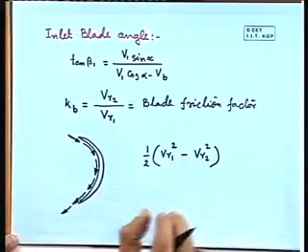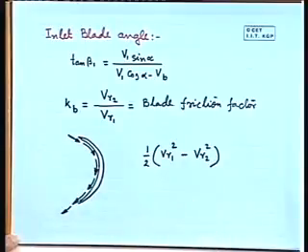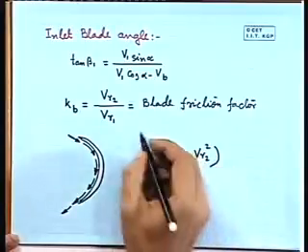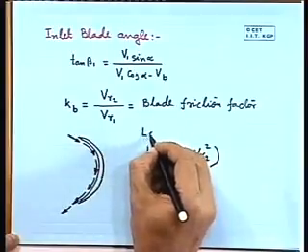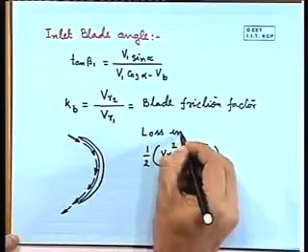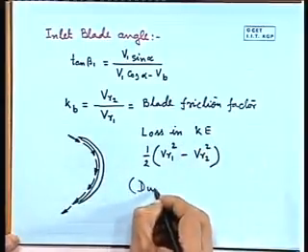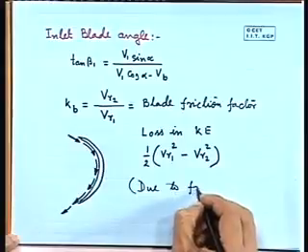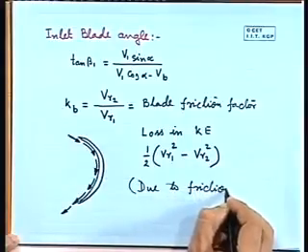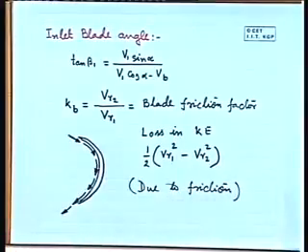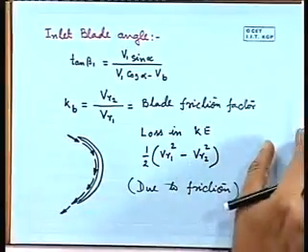This is per unit mass flow of steam. Okay. So, let me write loss in kinetic energy due to friction. Due to friction, this will be the loss in kinetic energy.